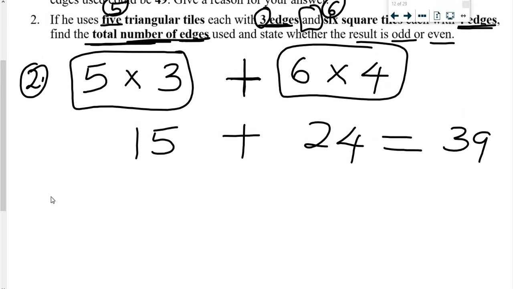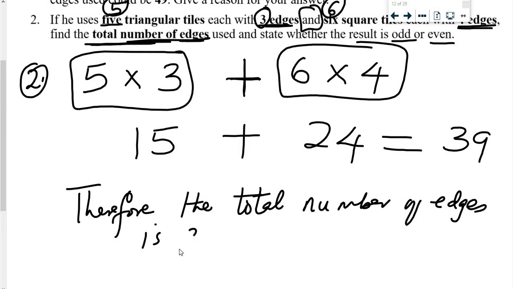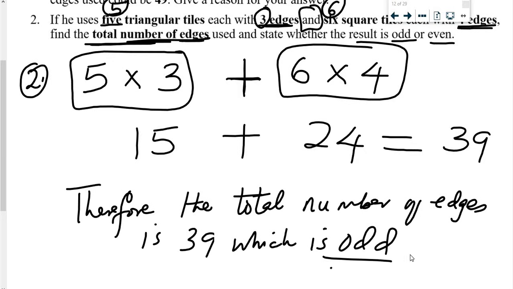So we got 39. So what do we conclude? We're going to say, therefore, the total number of edges is 39, which is odd. Done.